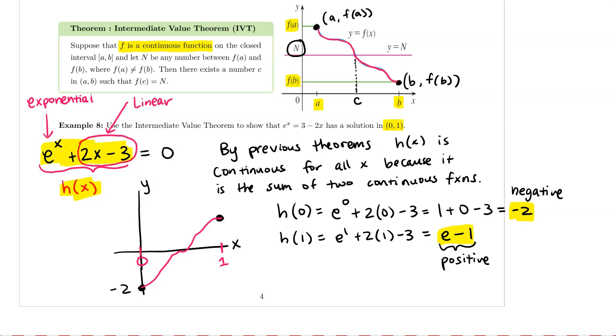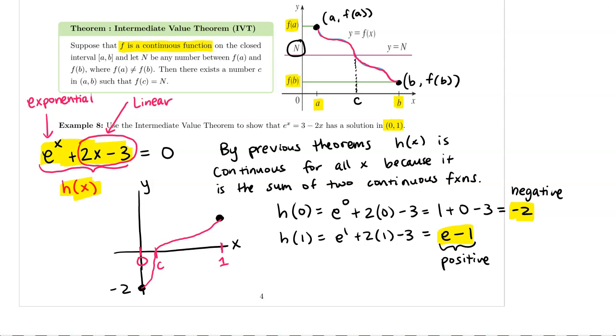And I don't know exactly where that's happening. I just know that it's between 0 and 1, so it could even look something like that, and maybe our c value is there, but I do know that it exists and it's somewhere between x equals 0 and x equals 1.